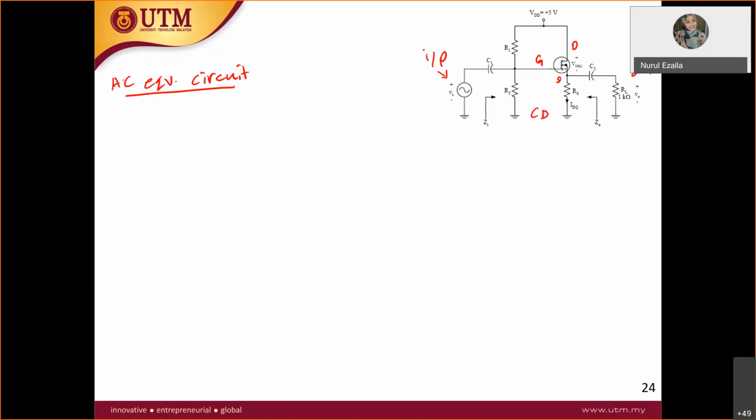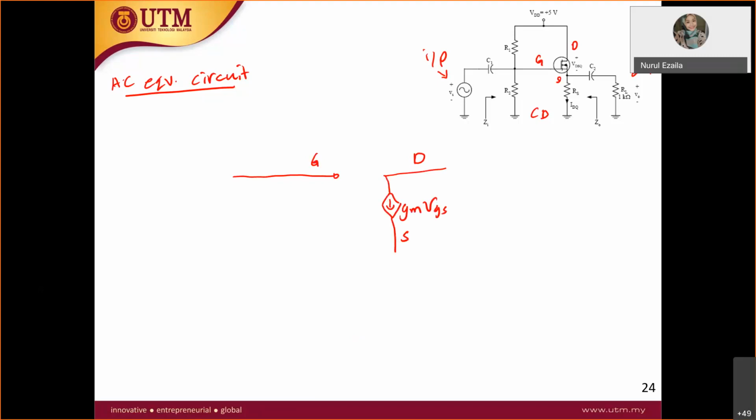If you draw it again, you have to draw many times, so it will be a good practice for you. So you have here the gate, and then you have the drain, and then you have the gm VGS. This is your source.